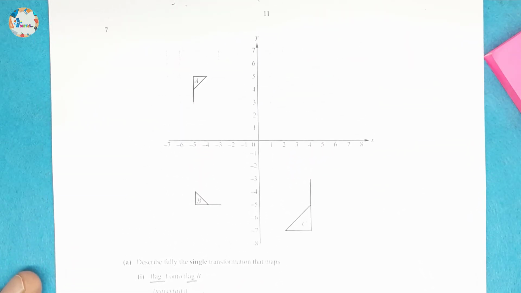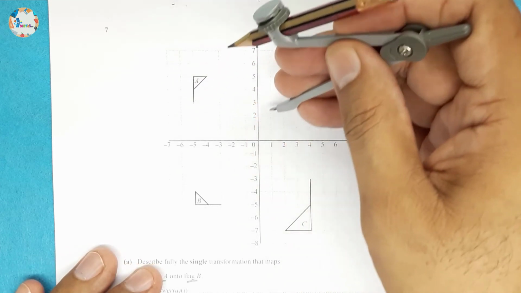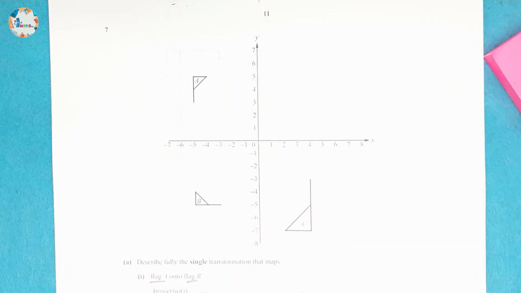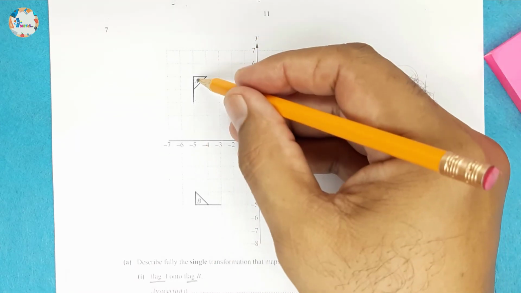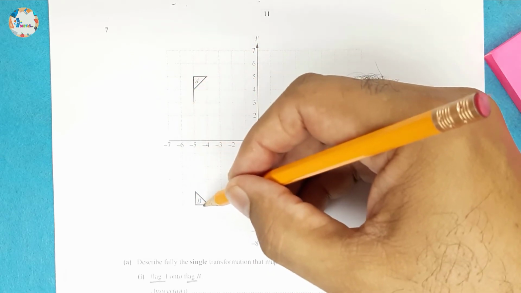So without tracing paper we can solve with the help of a compass. You have to find the center of rotation first. We can see this is moving to this location and this side is turning to this side.